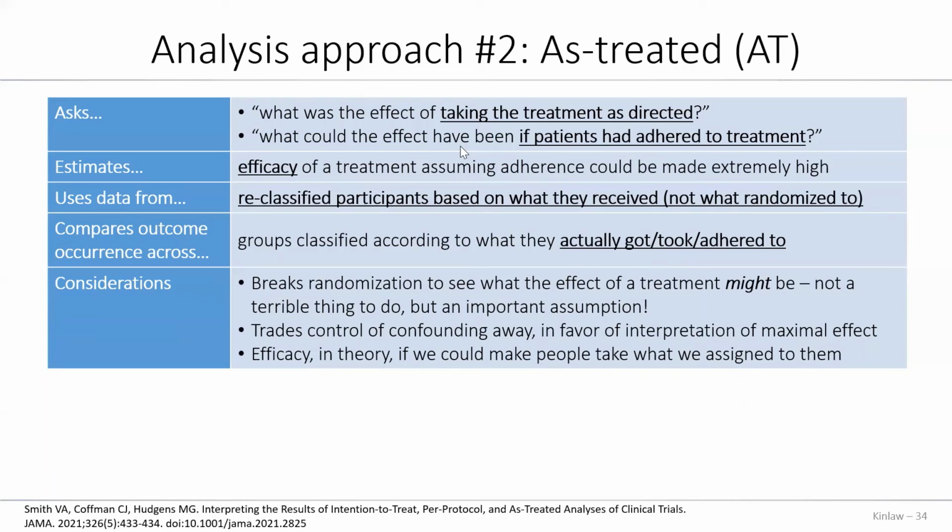Because the as-treated approach analyzes data from participants that were adherent to treatment, it estimates what the potential efficacy of a treatment would be if perfect adherence had actually been observed in the trial population. In essence, this approach reclassifies patients based on what they received and uses sophisticated analysis procedures to compare outcomes based on what patients actually got rather than what they were randomized to.